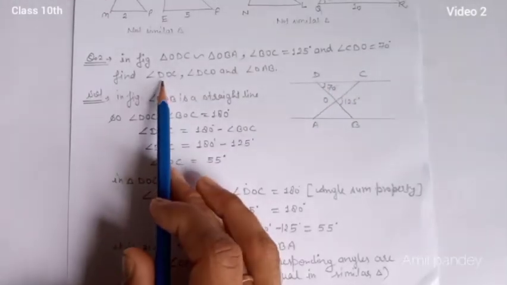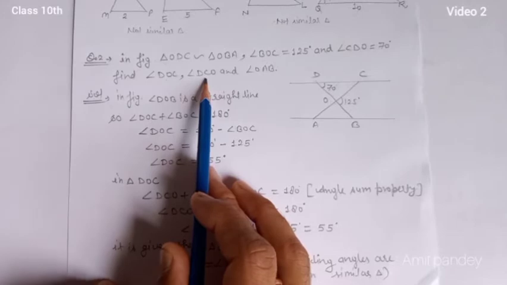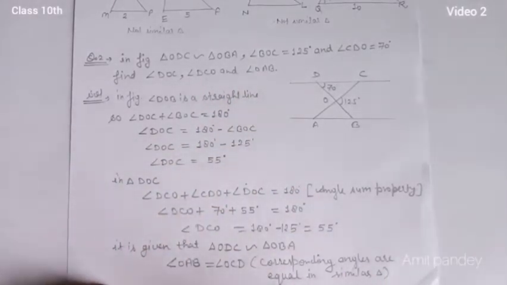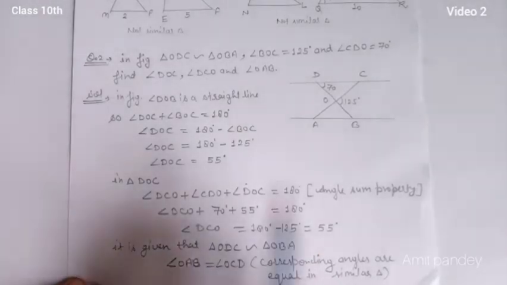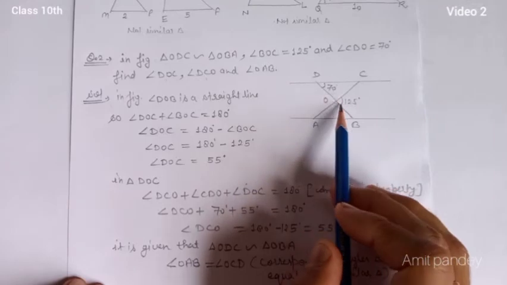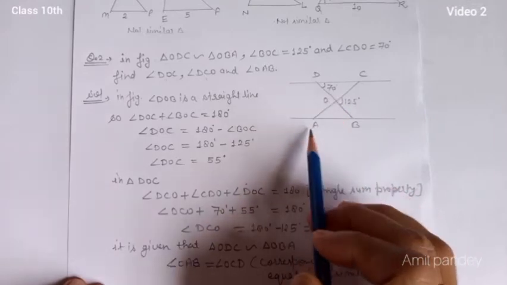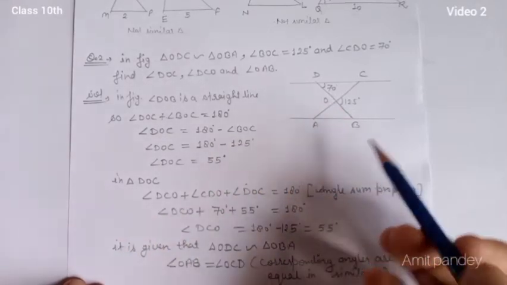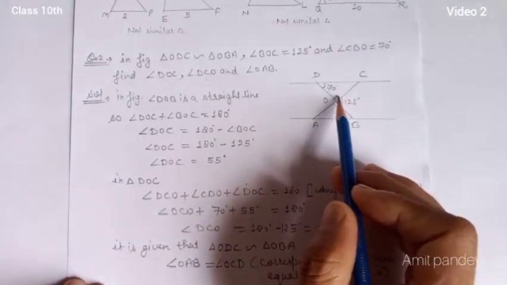We have to find angle DOC, angle DCO and angle OAB. So students, let's see how to find them. You know that in the figure DOB is a straight line. Yes, okay. So as you know, this angle and this angle form a linear pair.